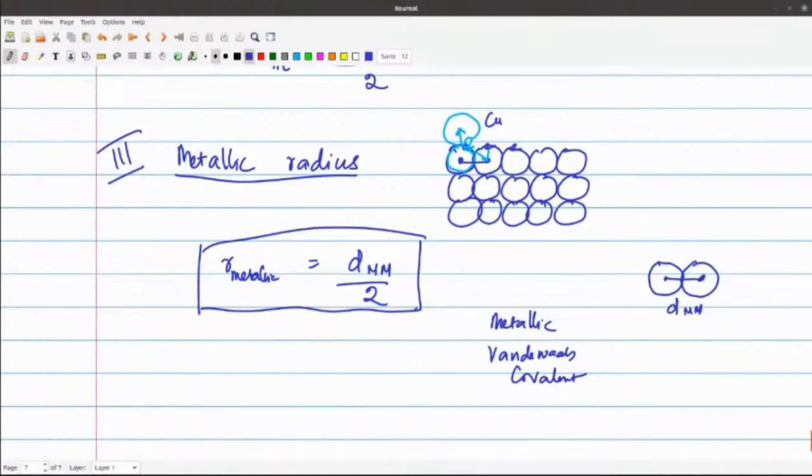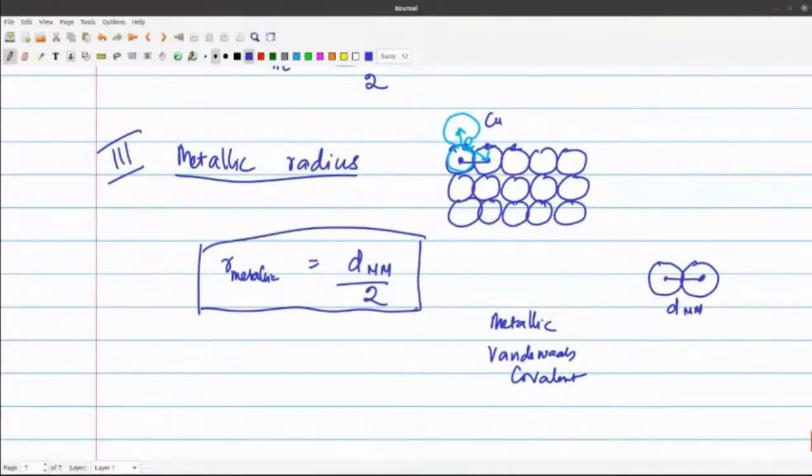Yes, very good, Shagun, correct. And which will be the smallest radius? At least one is enough. Which will be the longest? The radius will be bigger for molecules which have van der Waals. Very good. Not metallic, van der Waals.